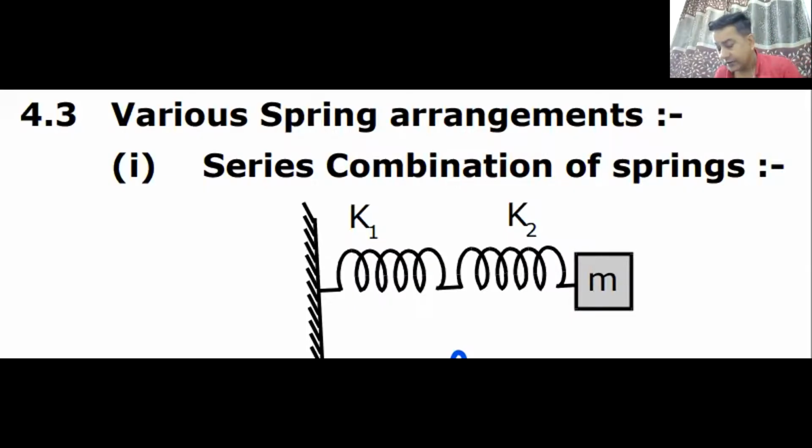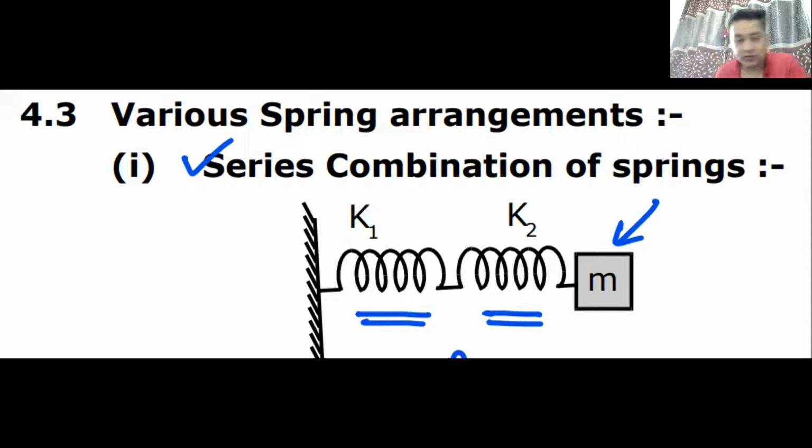Okay, then the next heading that you will write is the combination of springs. The first combination is known as series combination, in which you can see both springs attached like this. This type of combination is known as series combination. Do you know this? Yes or no? Have you seen a series combination of springs?